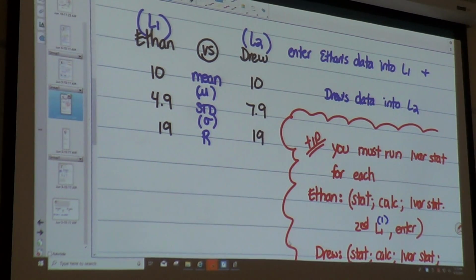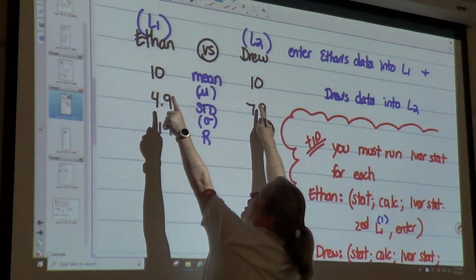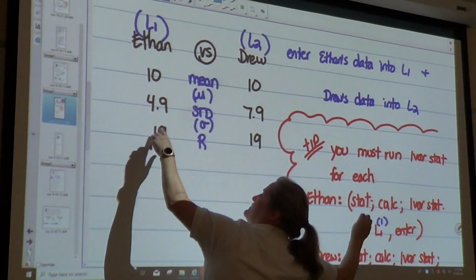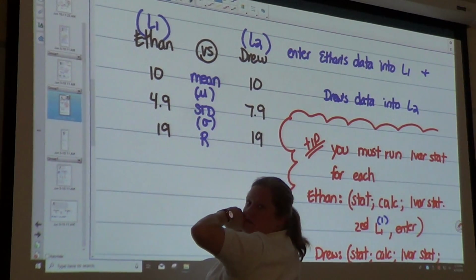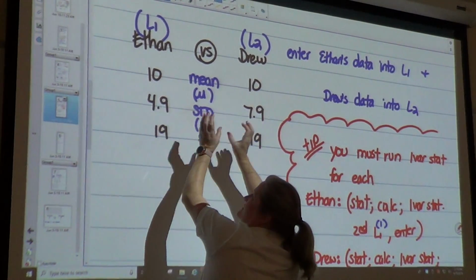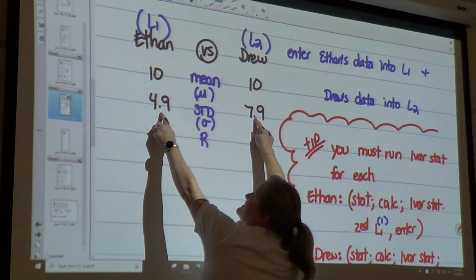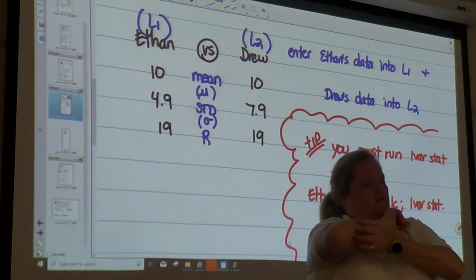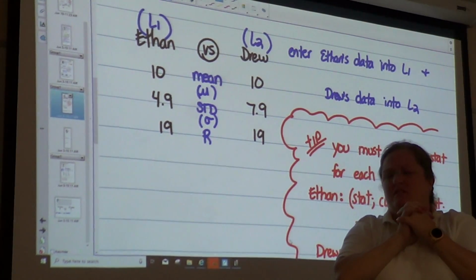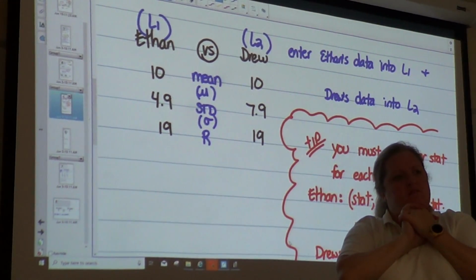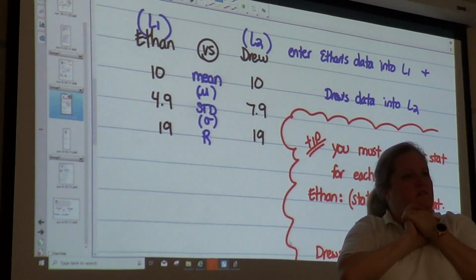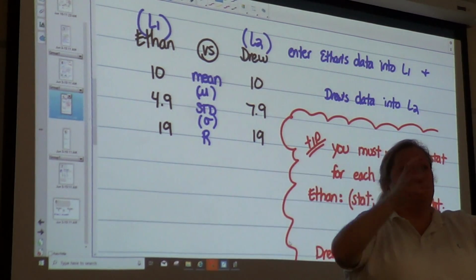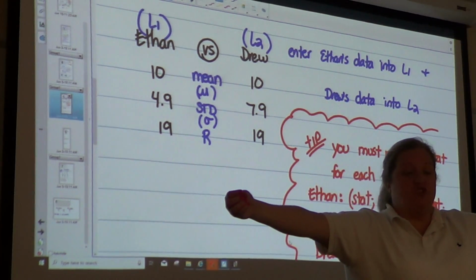So, Ethan and Drew both caught an average of 10 fish. The distance between their lowest fish and their highest fish was 19. But their standard deviation, their spread, this one has a lower spread, this one has a higher spread. What does that mean? The higher the spread, the higher the STD. Are the numbers closer or are they far apart?